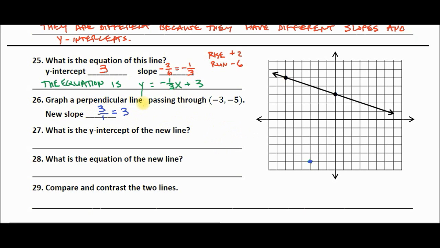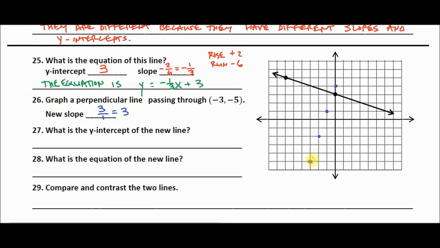And now we're going to have to graph this because we have to figure out what the y-intercept is in 27. So let's go ahead and plot some points. If our slope is positive 3 over 1, starting from our known point on our new line, we go rise, which is 3, run, which is 1, positive. Rise 3, run 1. Rise 3, run 1. And notice, I kept on going because I wanted to hit the y-axis.